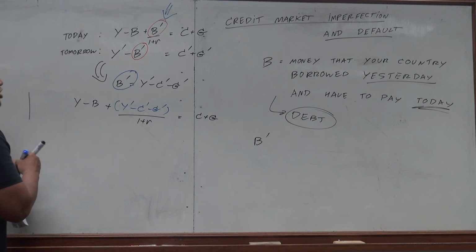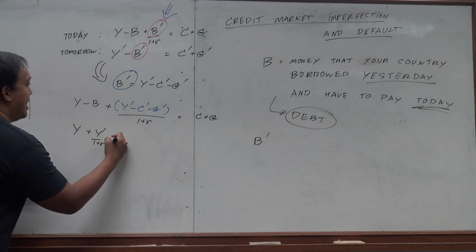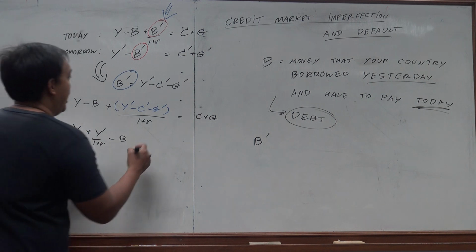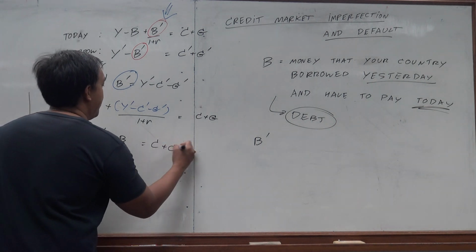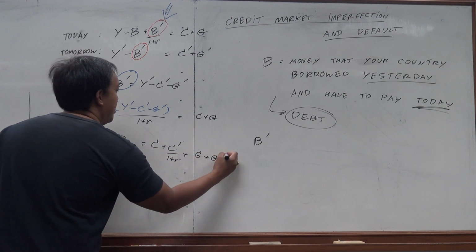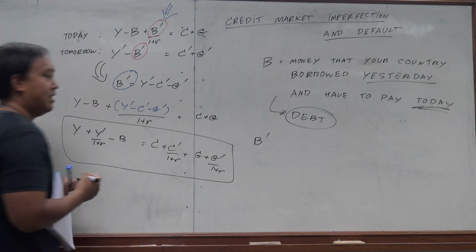Then rearranging the equation, I have y plus y prime over 1 plus r minus b equal to c plus c prime over 1 plus r, g plus g prime over 1 plus r. Here, like this.